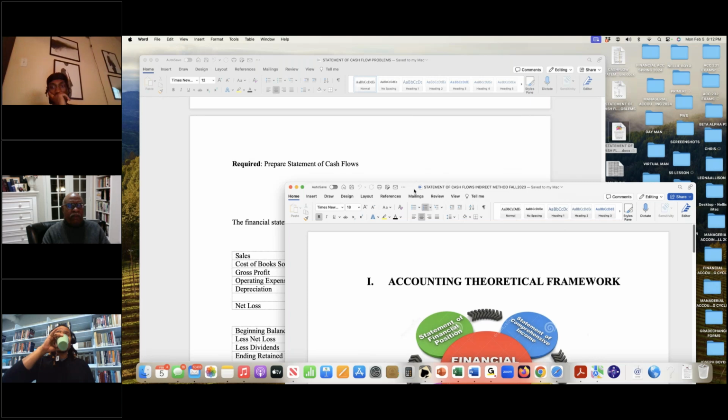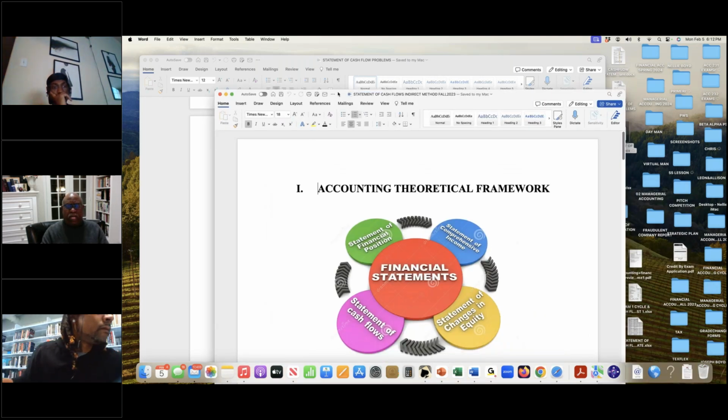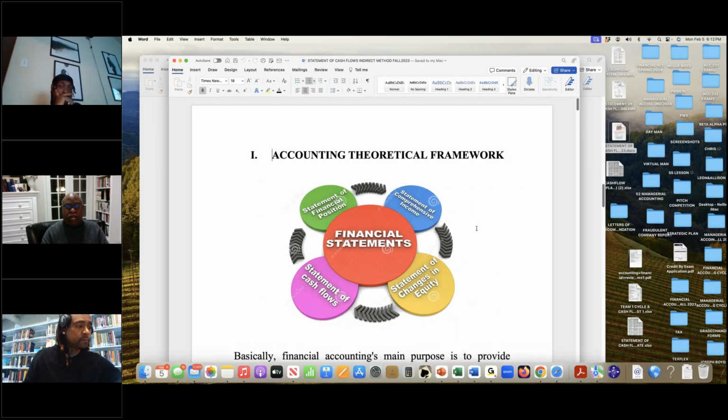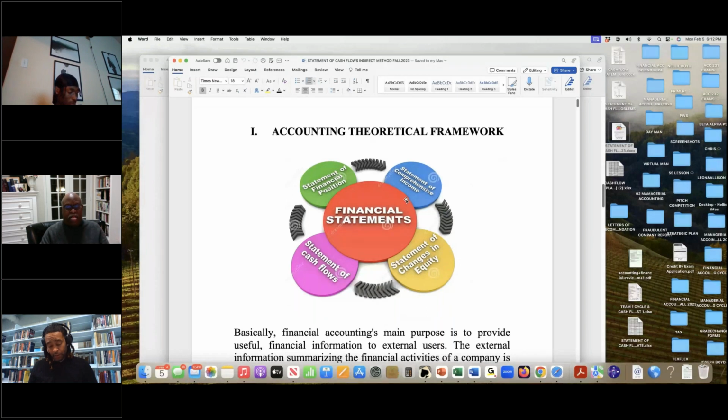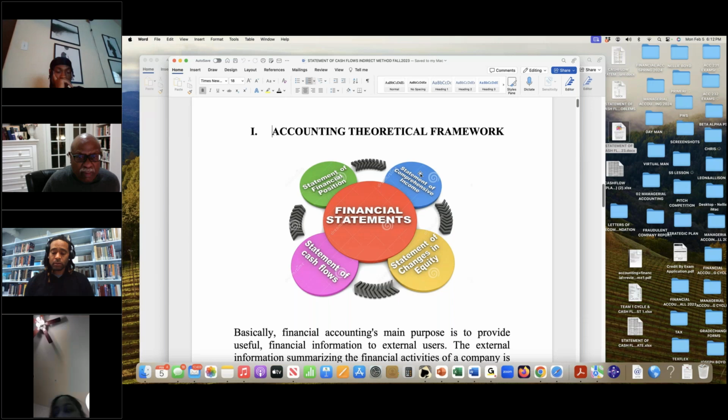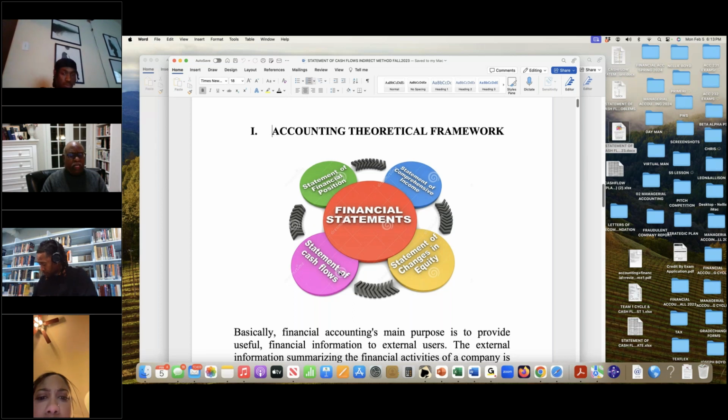Let me come through and review briefly. We have the accounting theoretical framework that essentially consists of this: a company has thousands of transactions every year. We summarize those transactions in 4 statements: the income statement, the statement of owner's equity, the balance sheet or financial position statement, and then the statement of cash flows. That's the new statement that we're looking at.